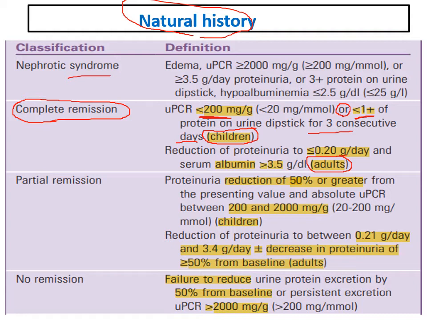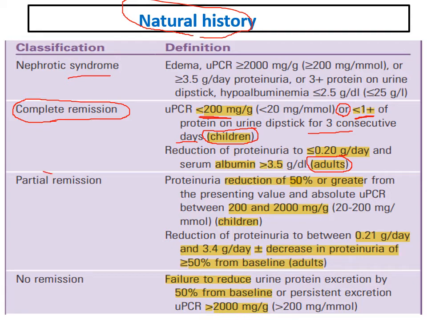This is for the children. What about adults? Adults are defined to have a complete remission when proteinuria is less than 0.2 gram per day, or less than 200 milligram per day, and serum albumin more than 3.5. This is for complete remission.